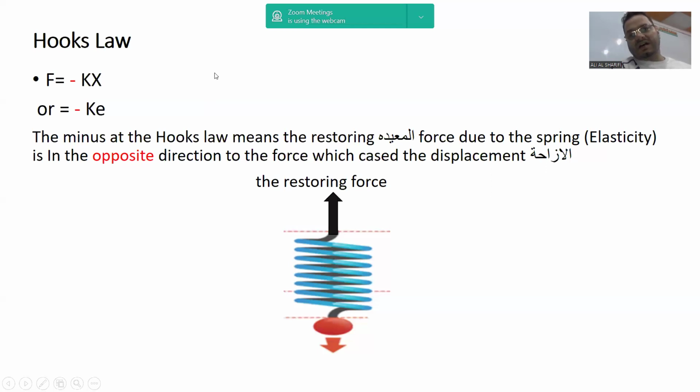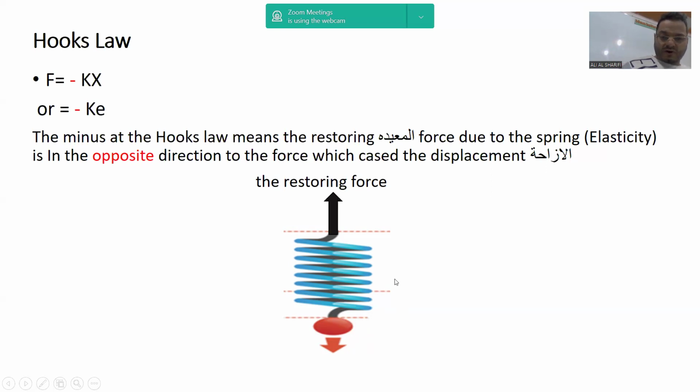Now let's discuss what this minus means. This minus is related to the opposite relation between the restoring force and the force of the mass attached to the spring. The mass attached to the spring acts from up to down.